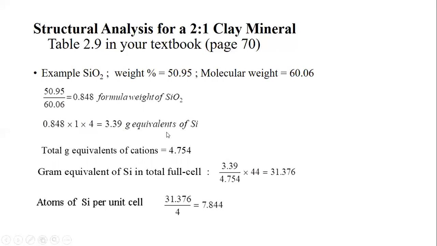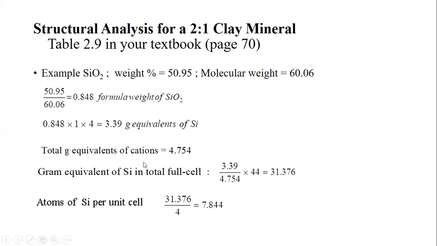So gram equivalent, which is really an indication of the charges coming from silicon. Remember the equivalent, when we talked about the centimole of charge per kilogram, they used to say milli equivalent per 100 grams. So the equivalent is an indication also of charges too.